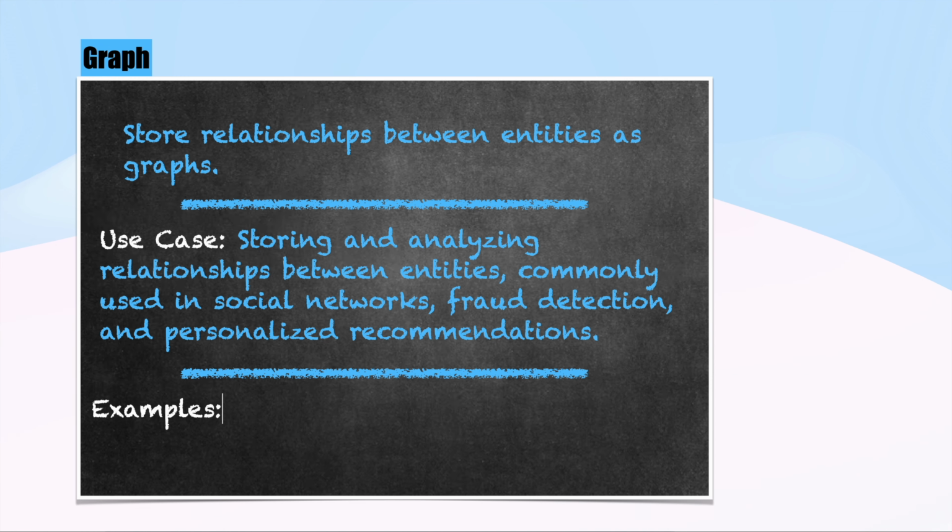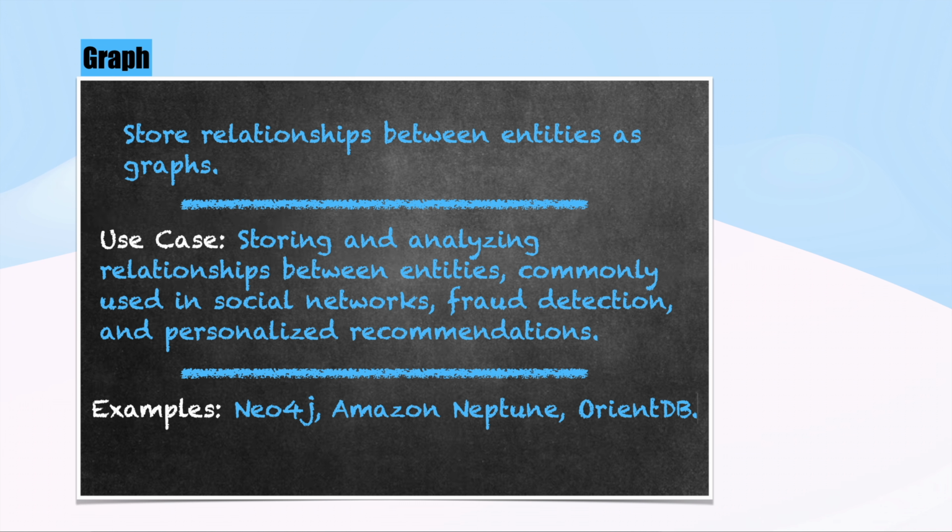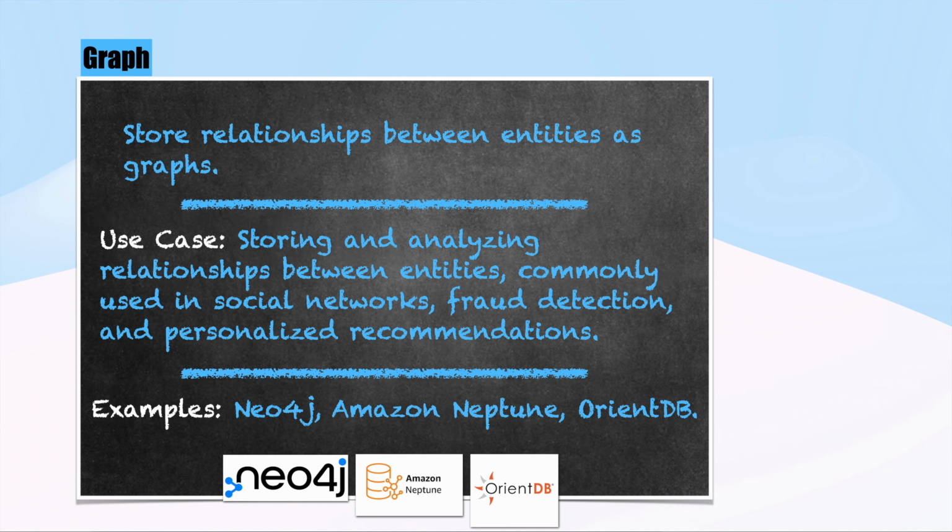Some popular graph databases include Neo4j, Amazon Neptune, and MongoDB. These databases are built to efficiently store and query graph data. A famous application that heavily relies on graph databases is LinkedIn.